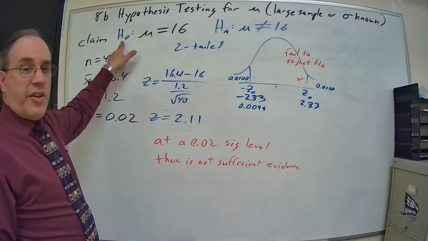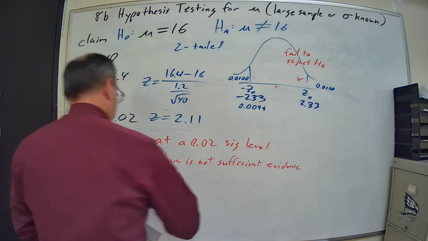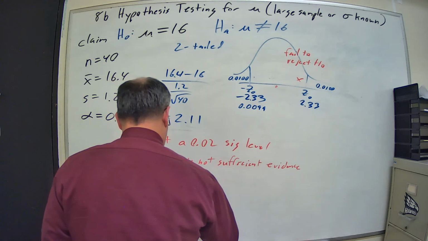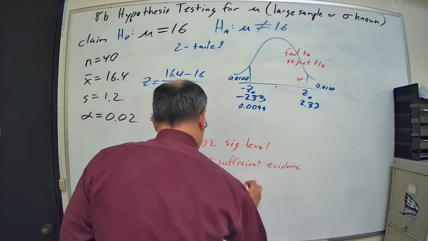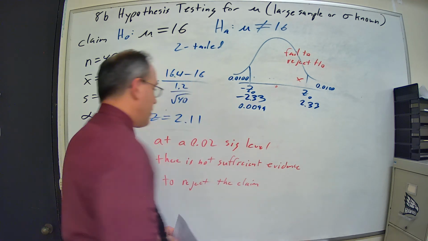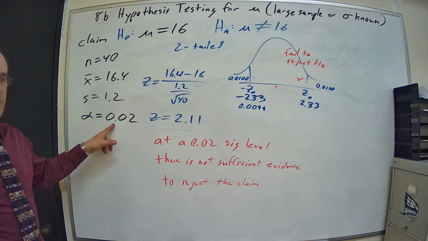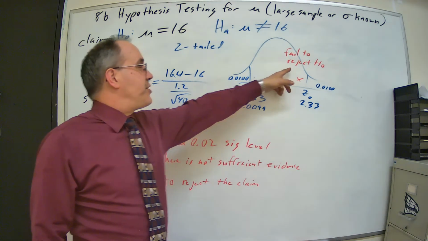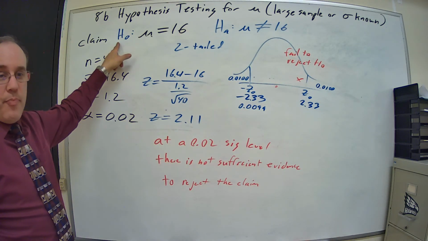The claim was the null hypothesis, so there is not sufficient evidence to reject the claim. So at a 0.02 significance level, there is not sufficient evidence to reject the claim.